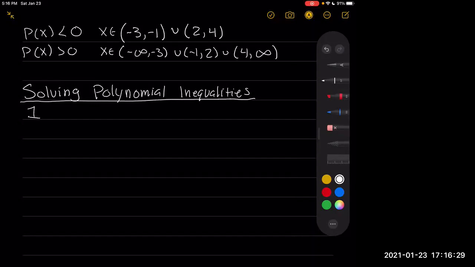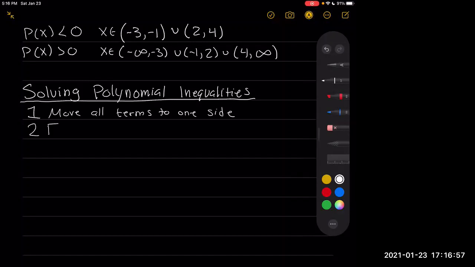So first, we're going to move all terms to one side. This will let us get a 0 on one side, and that way when we look at a graph, it'll help us determine if it's less than or greater than 0, because we can look at a graph and it's either above or below the x-axis, and it just makes it a little easier to find these regions.